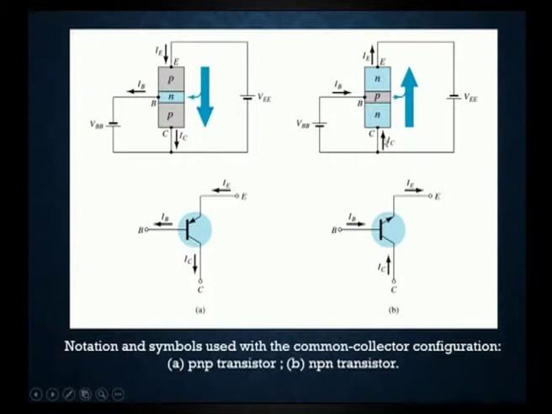The arrow in the NPN symbol points outwards to the emitter, so the current flows from collector to emitter.